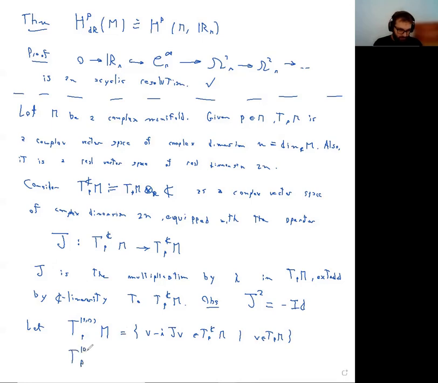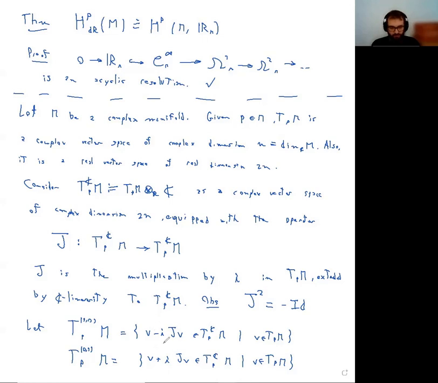And then we have the so-called (0,1) part, which is V plus iJV in T_pM complexified, such that V is in T_pM. Again, this J represents multiplication by i in T_pM, and this i represents multiplication by i in the complexified space. So these are two different things.